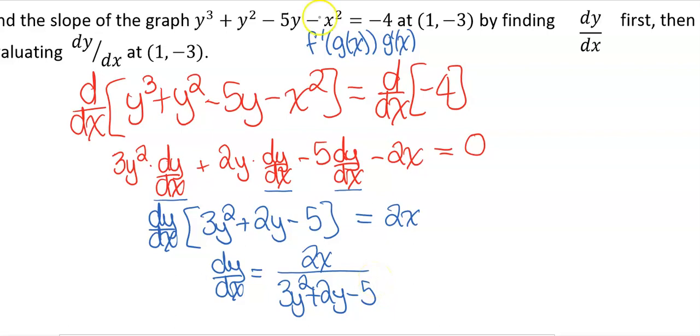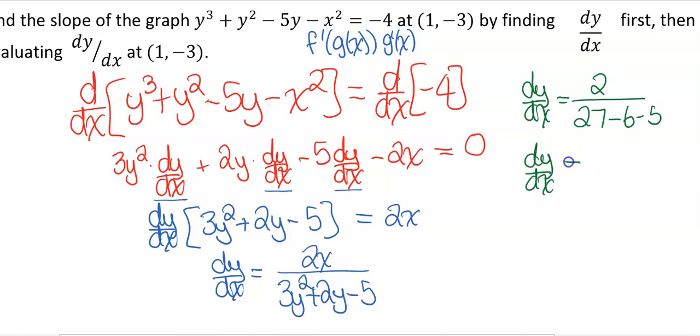And from there, we want to evaluate when x is 1 and y is -3. So dy/dx equals 2 divided by, and put -3 in, squared times 3 is 27, minus 6 minus 5, or 27 minus 11.